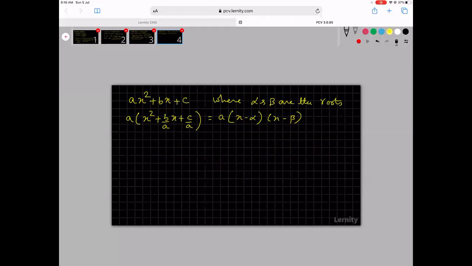Then I'll get a x square minus (alpha plus beta) x plus alpha beta. So now on comparison, I see that the sum of roots is equal to minus b by a, and the product of roots is equal to c by a.